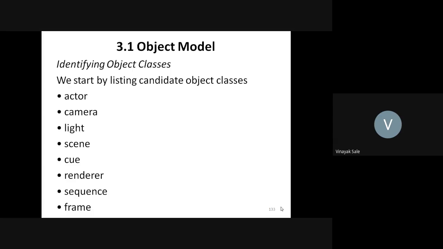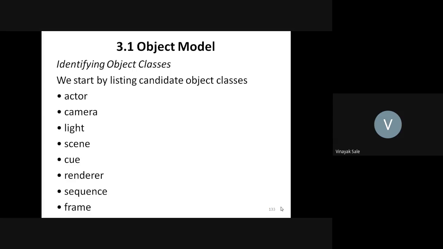We have seen animation such as cartoon films. There are actors. So for cartoon films, we require actor, camera, light, scene, cue, render, sequence, and frame.